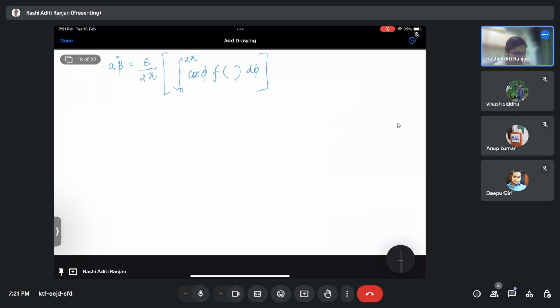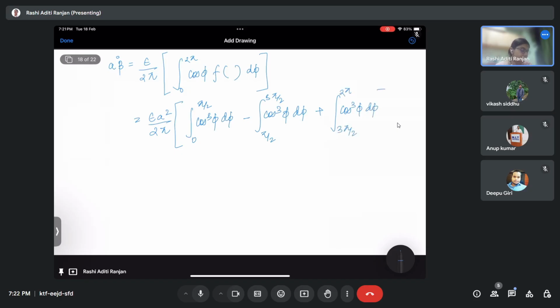So we are going to have 1 by 2 pi into integration of cos cube phi d phi from 0 to pi by 2, minus cos cube phi d phi from pi by 2 to 3 pi by 2, plus cos cube phi, sorry, from 3 pi by 2 to 2 pi.